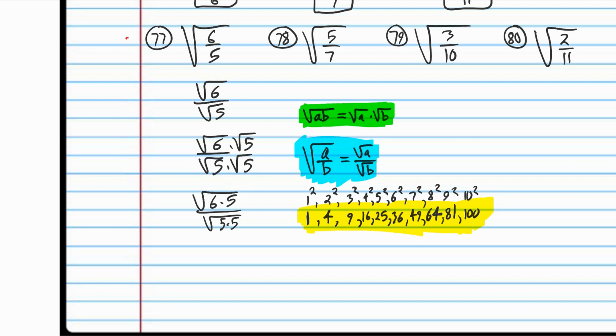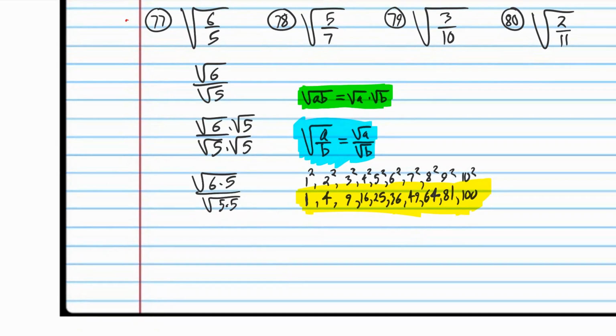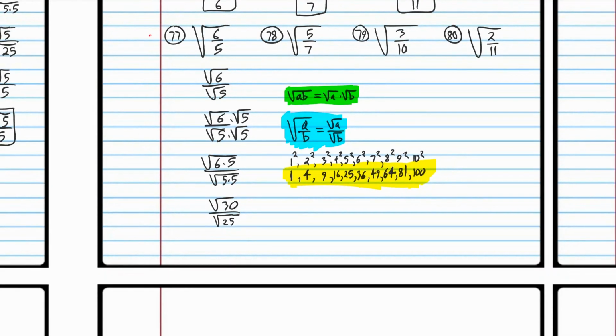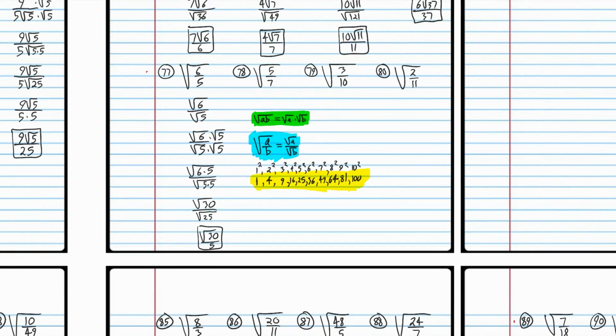We use the green equation. And root 6 times 5 is obviously just root 30. And root 5 times 5 is just root 25. And then we have root 30. Root 25 would just be 5. So there you go. We rationalize the denominator.